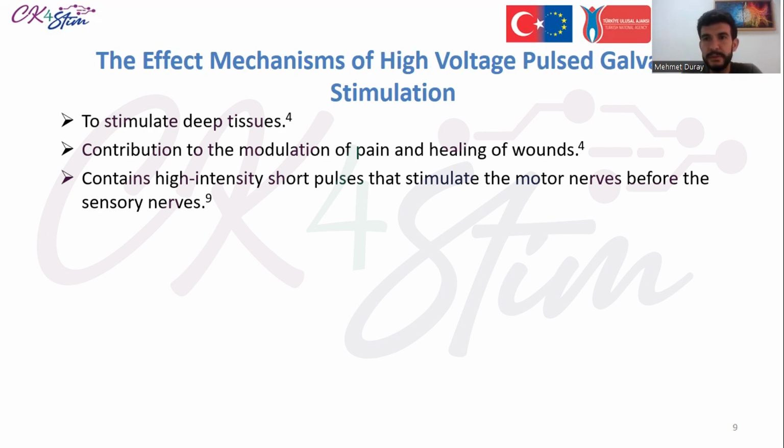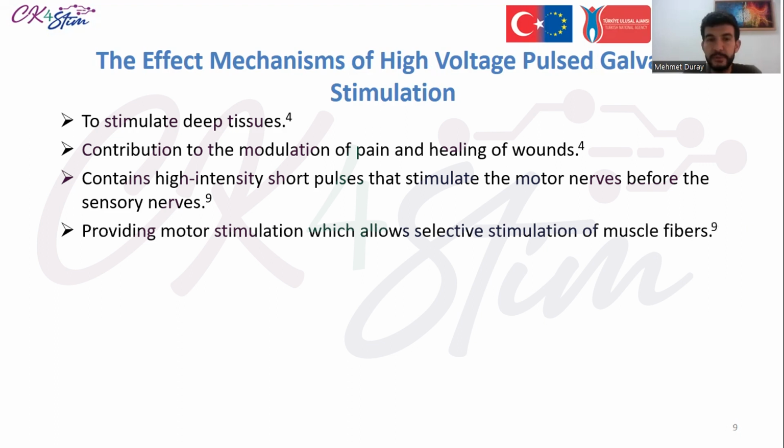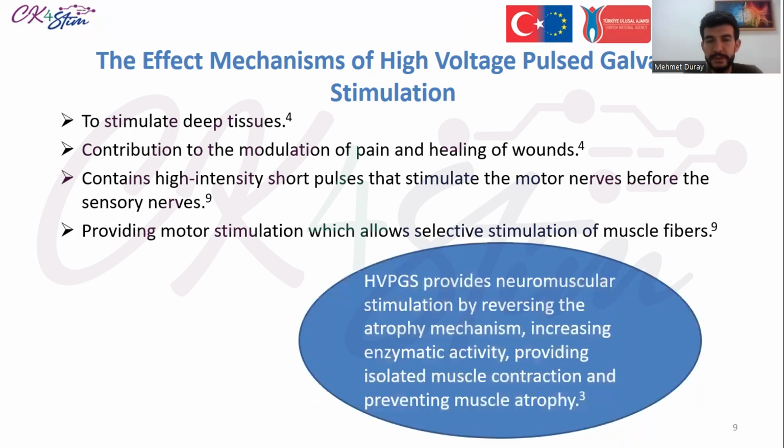High voltage pulse galvanic stimulation passes through tissues easily, and the current contributes to modulation of pain and healing of wounds. The current contains high intensity short pulses that stimulate the motor nerves and the sensory nerves. It provides motor stimulation, which allows selective stimulation of muscle fibers.